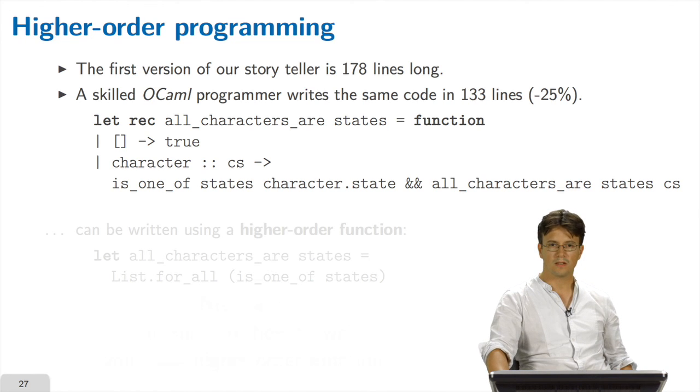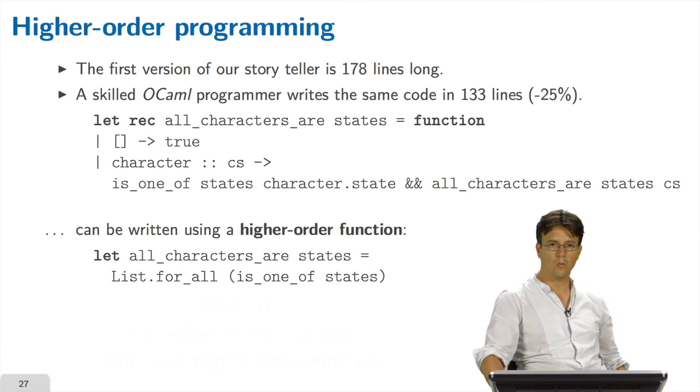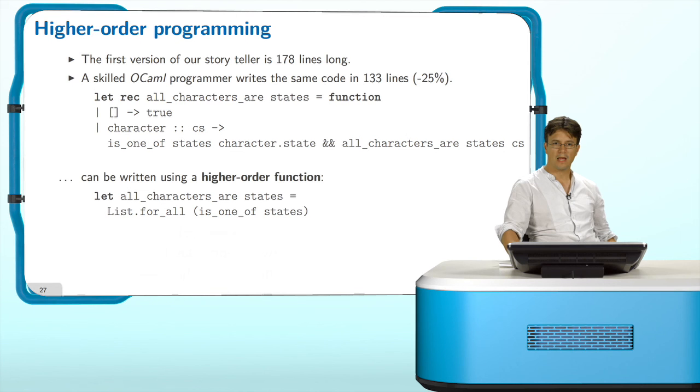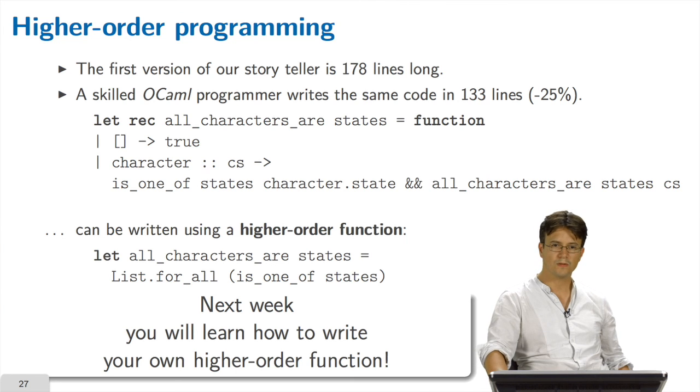His secret is to replace that kind of function using a one-liner like this. And the basic ingredient of this secret is to use higher order functions. Fortunately for you, this is the next week's topic.